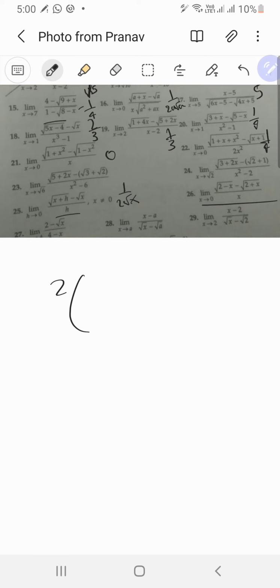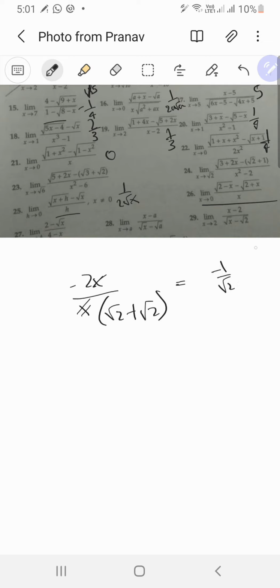So this is going to be minus 2 square root of 2 plus 2 minus x. In fact, let it be. Why do I want to do all this? We can just rationalize, right? So 2 gets cancelled, just get minus 2x upon x, and then just put 0 into this thing, so it's square root of 2 plus square root of 2. This cancels, so it's going to be minus 2 upon 2 square root 2, which is minus 1 upon square root 2. In fact, let's also go for the derivative method.